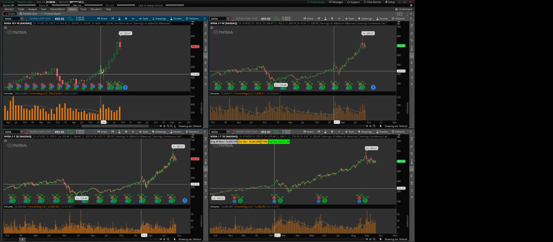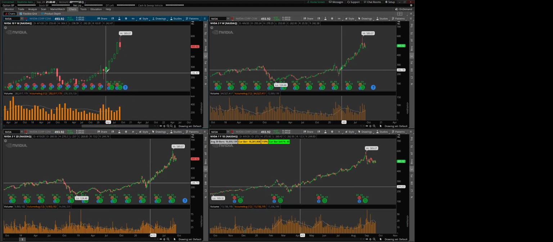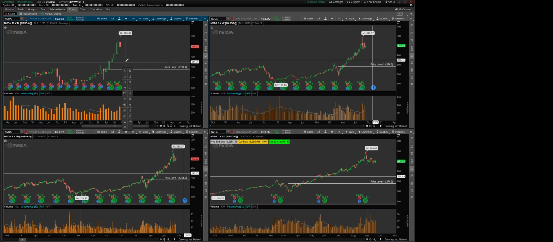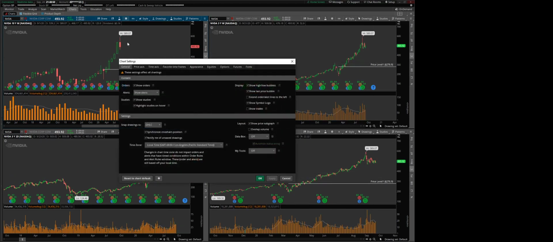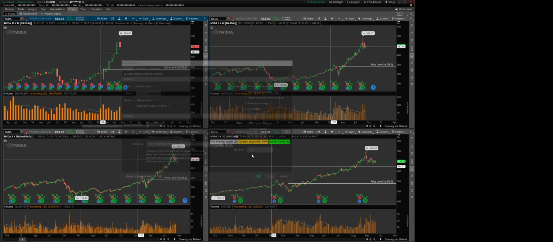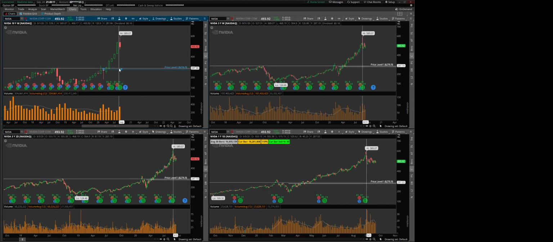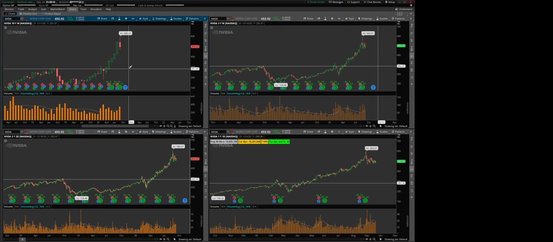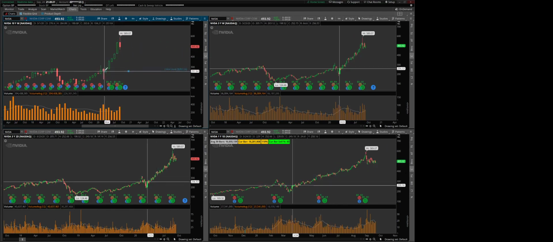So right here, clean rally, base, rally, right off the bat. You want to use a price level. Quick tip, you go to chart settings, snap drawings to open, high, low, close. Because if you have it on the default setting none, it won't snap onto the open, it won't snap onto these candles.